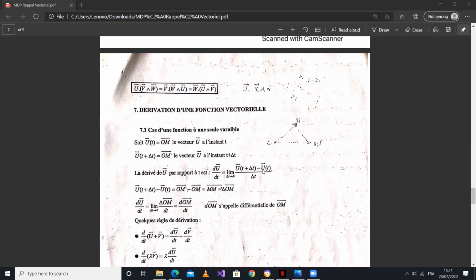As I told you, we are trying to calculate the rate of change of the distance in this case. So it moved from u(t), which is OM, to u(t plus delta t), which is OM prime.